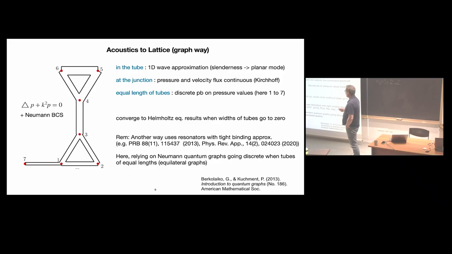At the junction, no surprise, we apply pressure continuity and velocity flux continuity, the Kirchhoff law as usual. And importantly, we always take a network with all the tubes, all the waveguides, of the same length. So at the end, the whole system is summarized in a system with 7 degrees of freedom, the 7 pressures at the junctions.